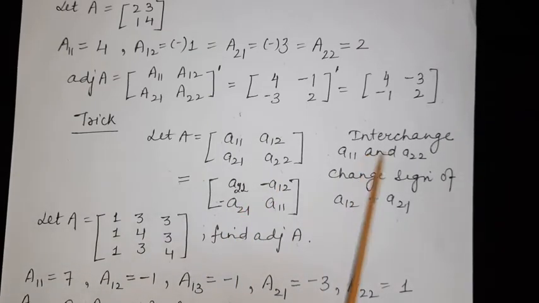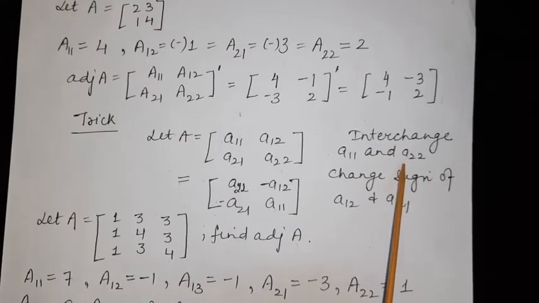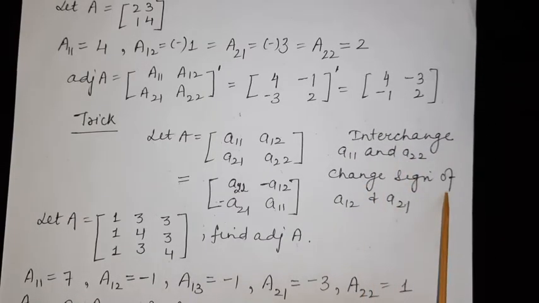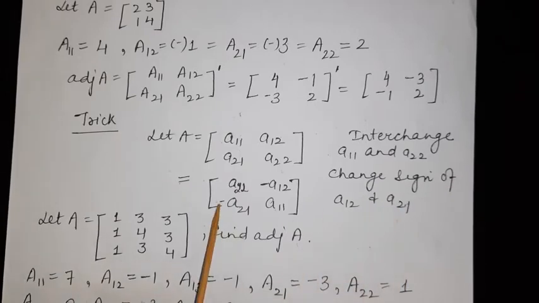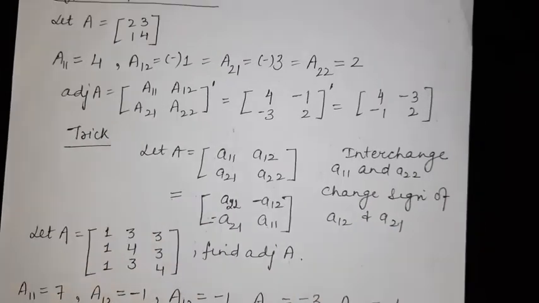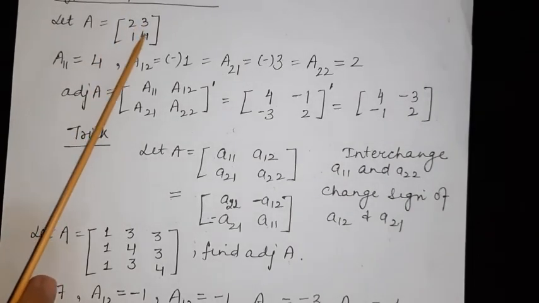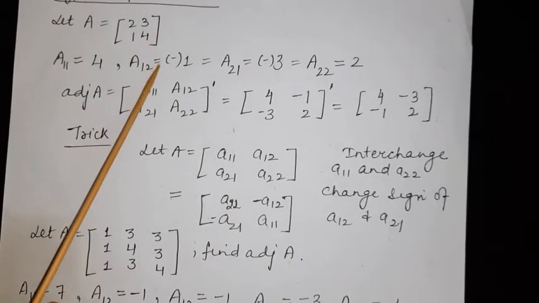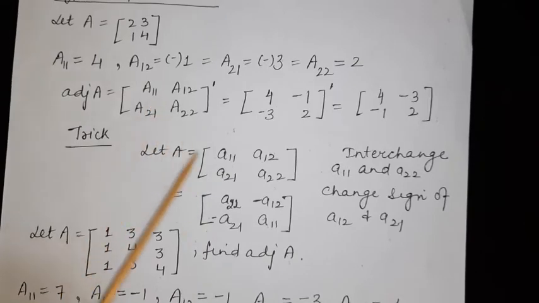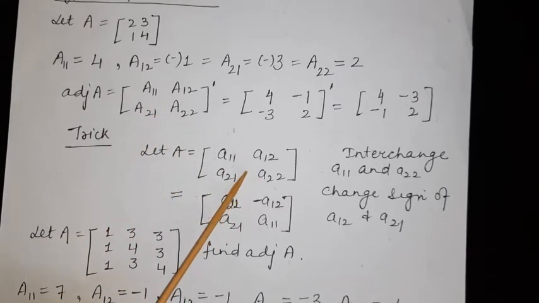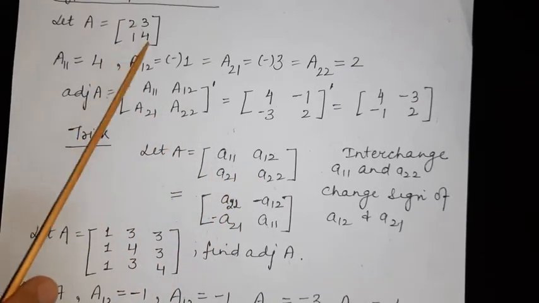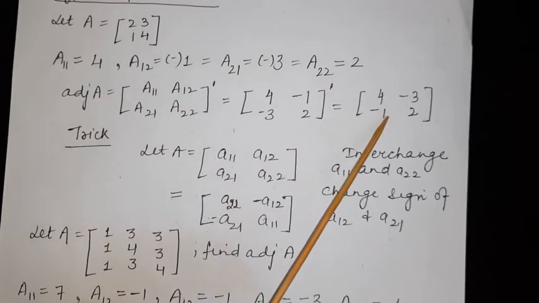Here we have also written: interchange A11 and A22, which are nothing but diagonal elements, and change sign of non-diagonal elements. For example, let's see this example again: 2, 3, 1, 4. Instead of going for these two steps, if we straight away apply this shortcut, then 2 and 4 should be interchanged, and this is our final answer.